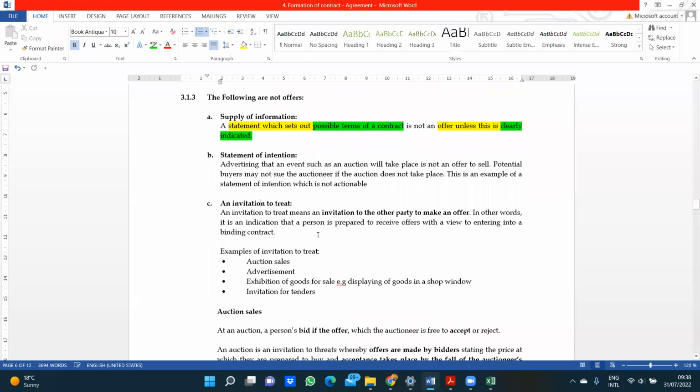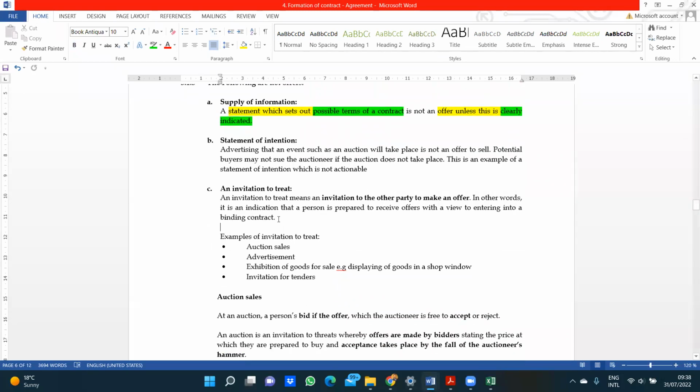All right. Invitation to treat. This is the most important part here. What is an invitation to treat? An invitation to treat is not an offer, but it is inviting the other party to make an offer. The person who is, for example, advertising something is not making an offer.